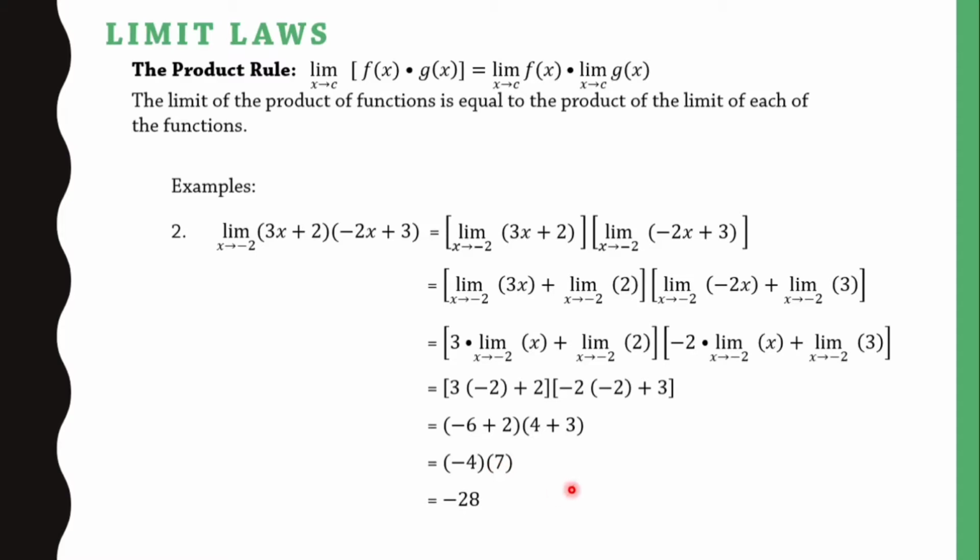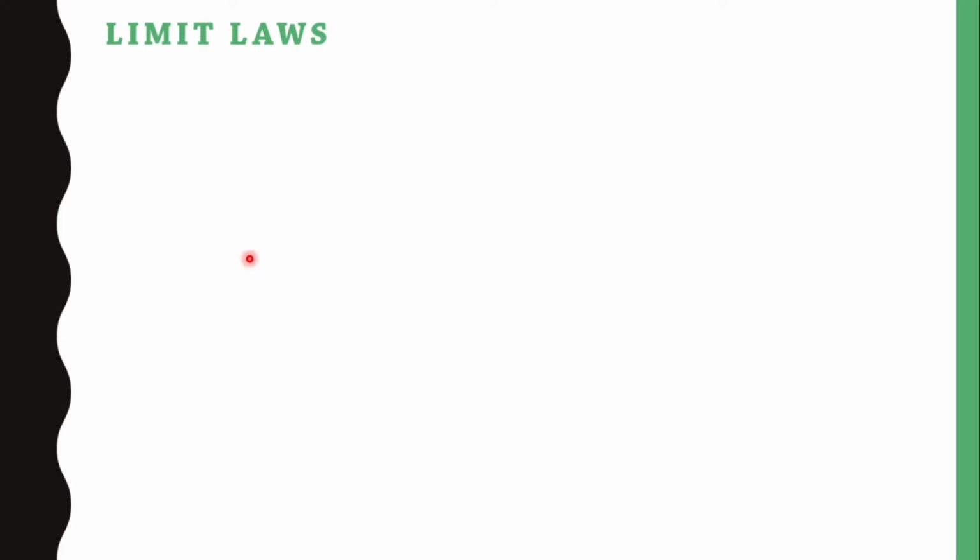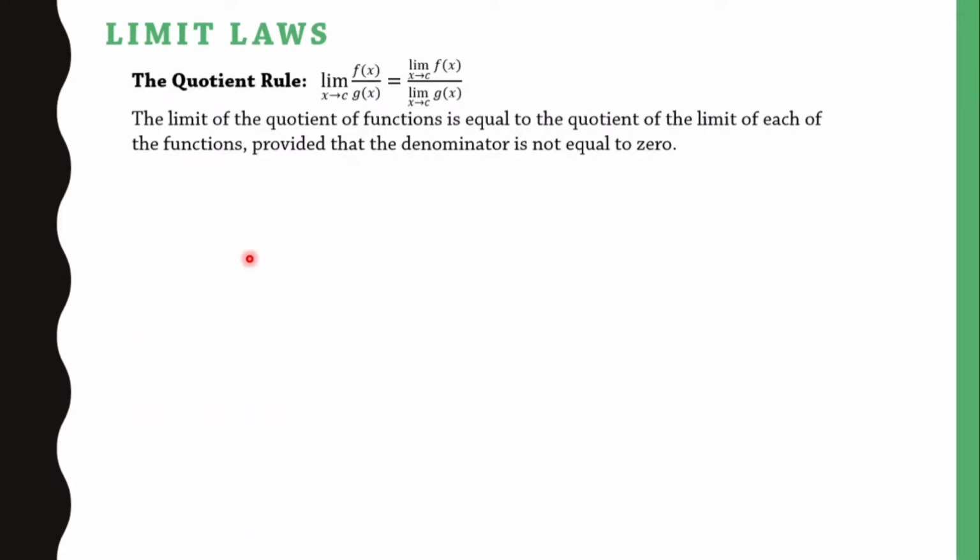So the limit of 3x plus 2 times negative 2x plus 3 as x approaches negative 2 is negative 28. Let's now discuss the last limit law, which is the quotient rule. According to the quotient rule, the limit of f of x over g of x as x approaches c is equal to the limit of f of x as x approaches c over the limit of g of x as x approaches c.